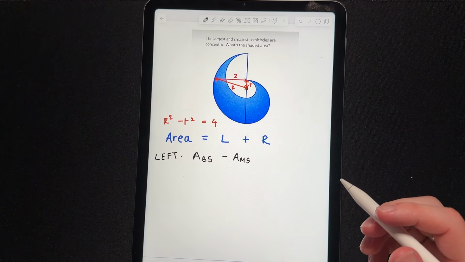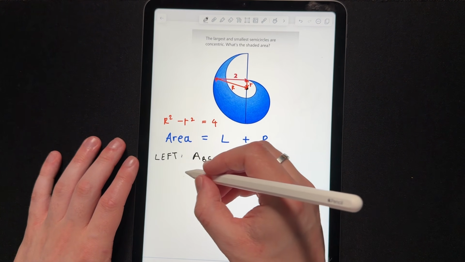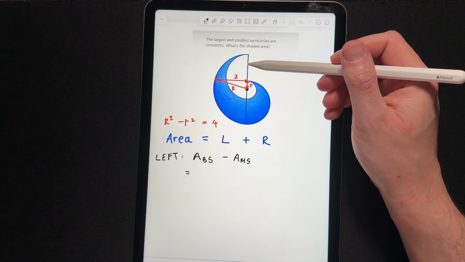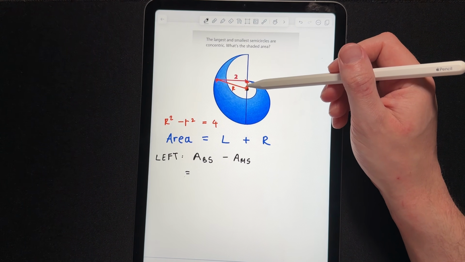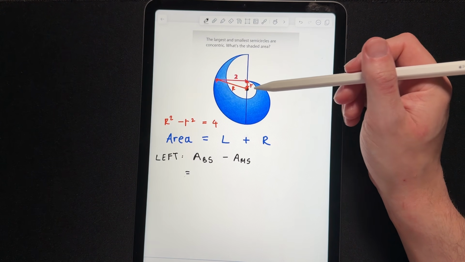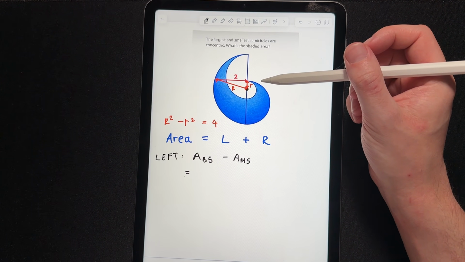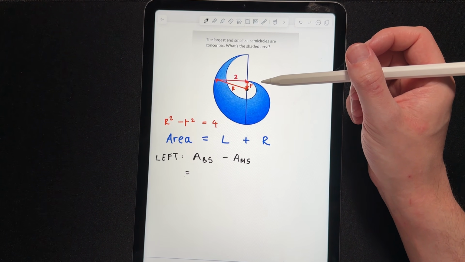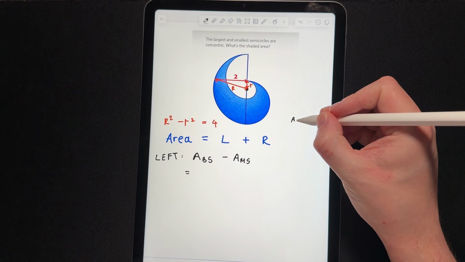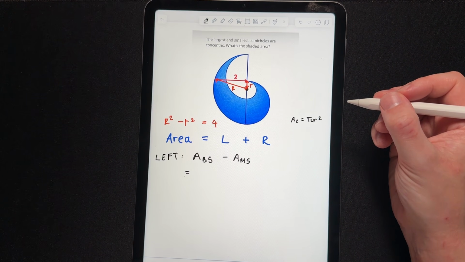Now how do we work them out? Well, there are a couple of things we can see from this. The first is that the radius of the big semicircle is capital R, not 2. So we already know the area of the big semicircle just by using the area of a circle, which for those who don't remember is pi r squared.